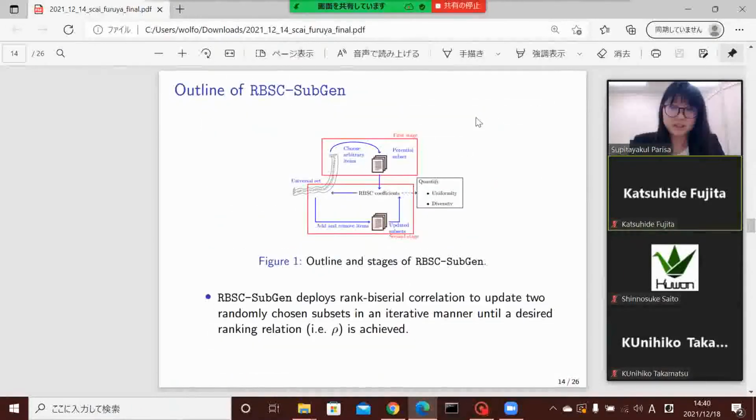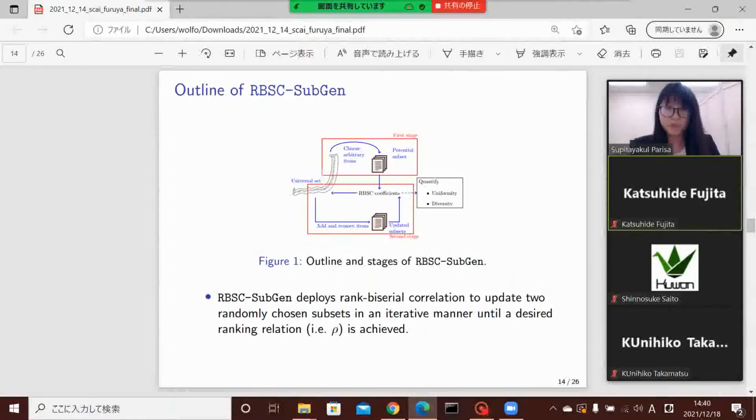So here is the outline of the RBSC subset algorithm. As I said, we calculate the RBSC coefficient in the middle. We have the universal set and the potential subset here. The algorithm is that we take some items from the universal set to build up a potential subset.